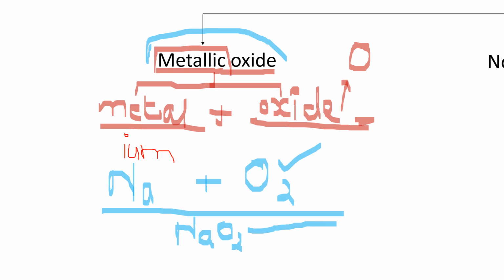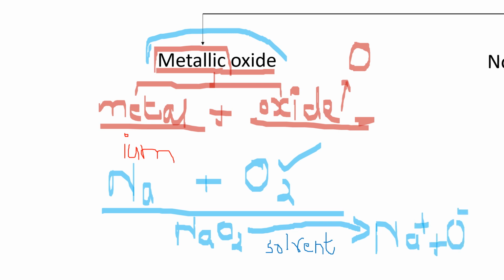Basically, when we dissolve this sodium oxide, this metallic oxide, in a solvent, any kind of solvent, whether it can be water or ammonia, that depends. When we dissolve that, it will produce Na positive plus OH negative.